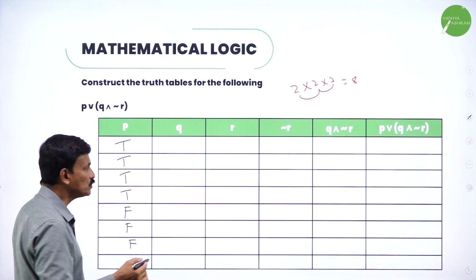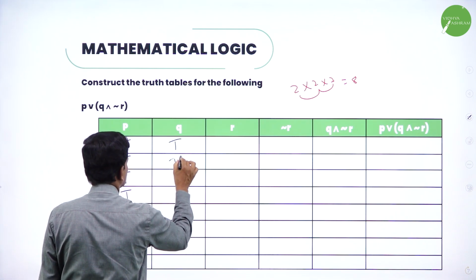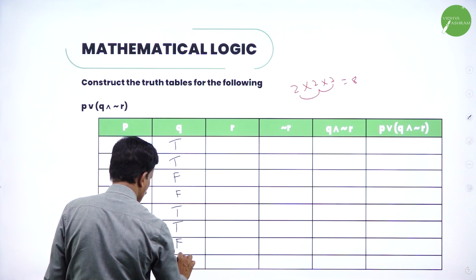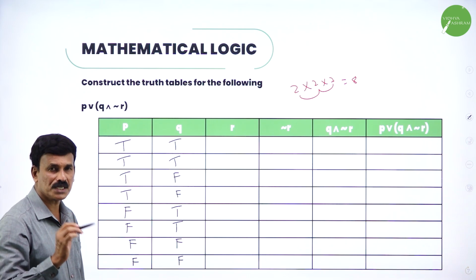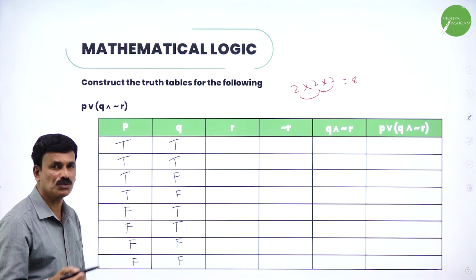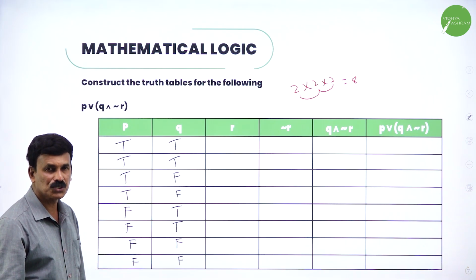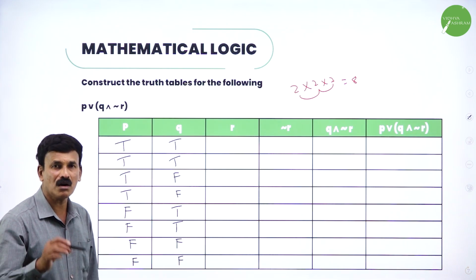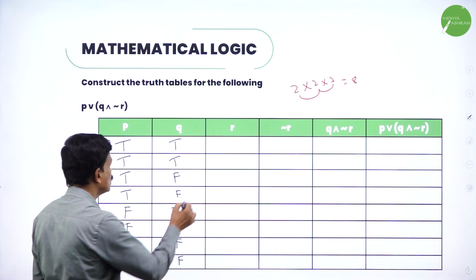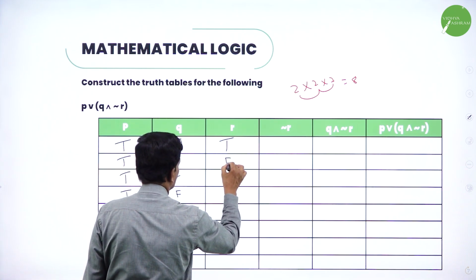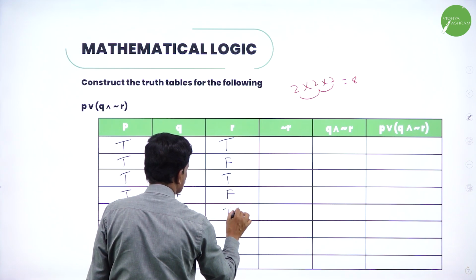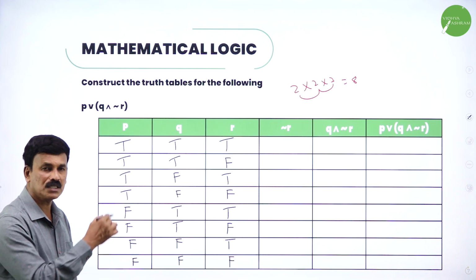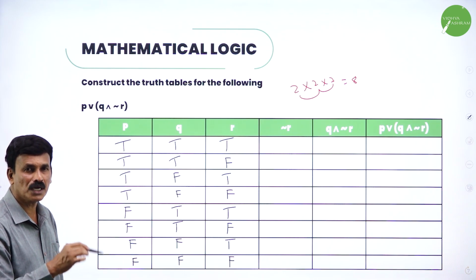For Q, first 2 are true, next 2 false, again next 2 true, then false and false. Whereas for R, alternately true, false, true, false. So for all, it is true, false, true, false, true, false, true, false. This is how we are going to write the truth values for P, Q and R.